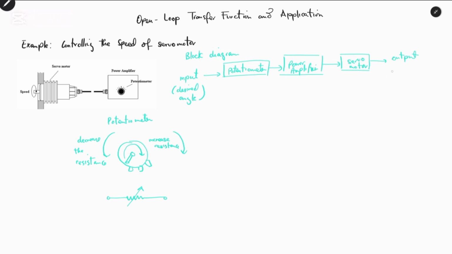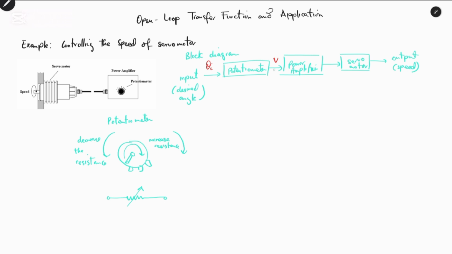From this block diagram we can also see that the output is the speed of the servo motor, and we can apply the system parameters such as the gain of the system and the signal. The input of the system can be the angle, theta I, into the potentiometer, and from the potentiometer we have a voltage as an output.